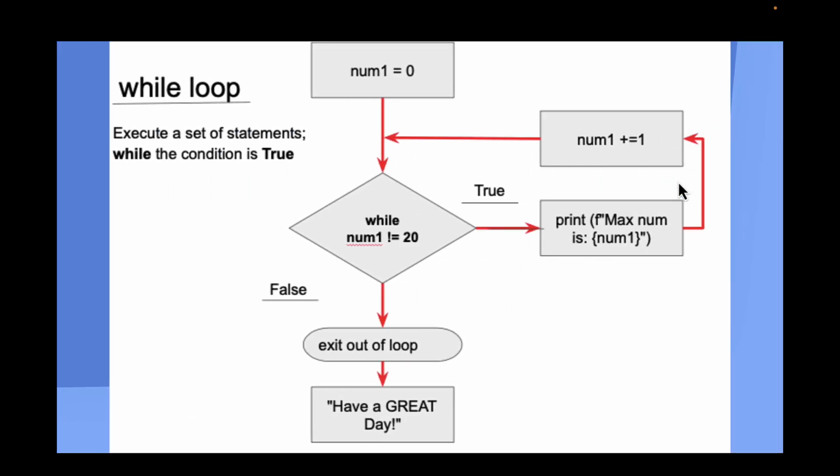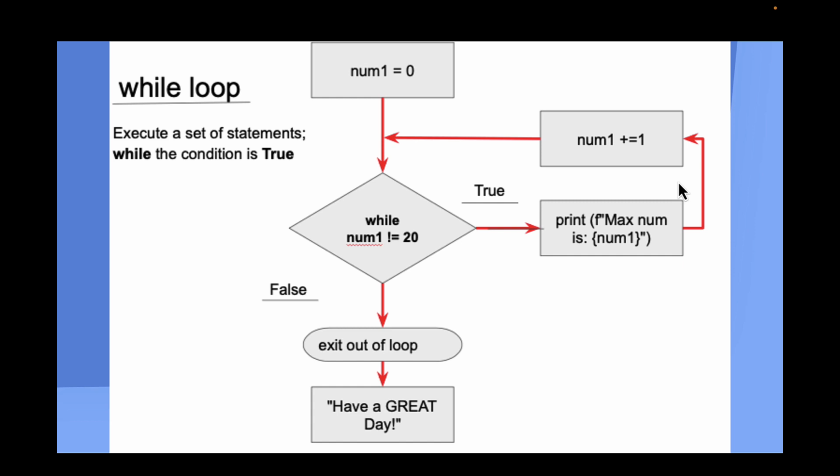Now, a for loop is going to be different than a while loop. In a while loop, generally speaking, you can notice that we have num1 equals 0. So somewhere before we get into the loop, we have some kind of initialization statement. While the condition is true, continue the loop until the condition is false.